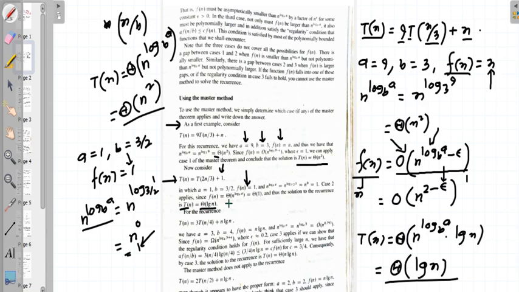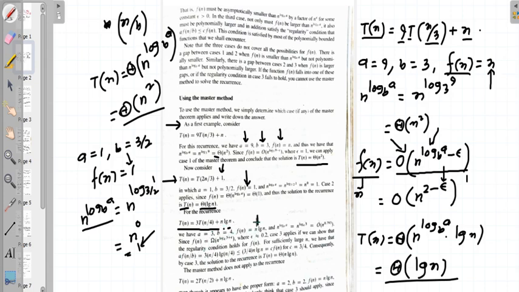And now this one is important. T(n) equals 3T(n by 4) plus n log n. In that case, a equals to 3, b equals to 4, and f(n) equal to n log n.